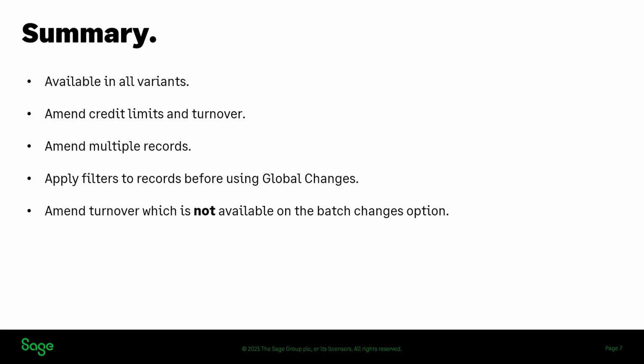So that option is there for you. It allows you to amend multiple records and apply filters to those records before using the global changes option. And also, being able to amend turnover, which is not available on the batch changes option either. So there is a way to do that using the global changes option.